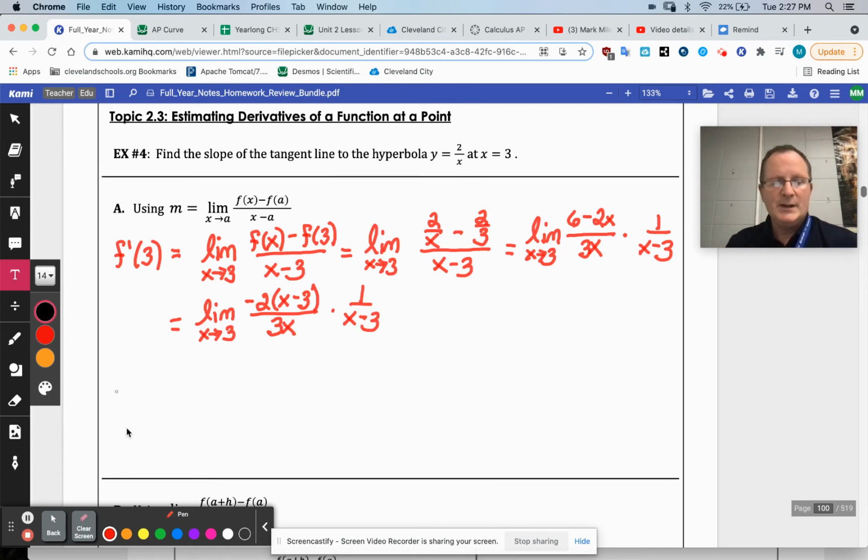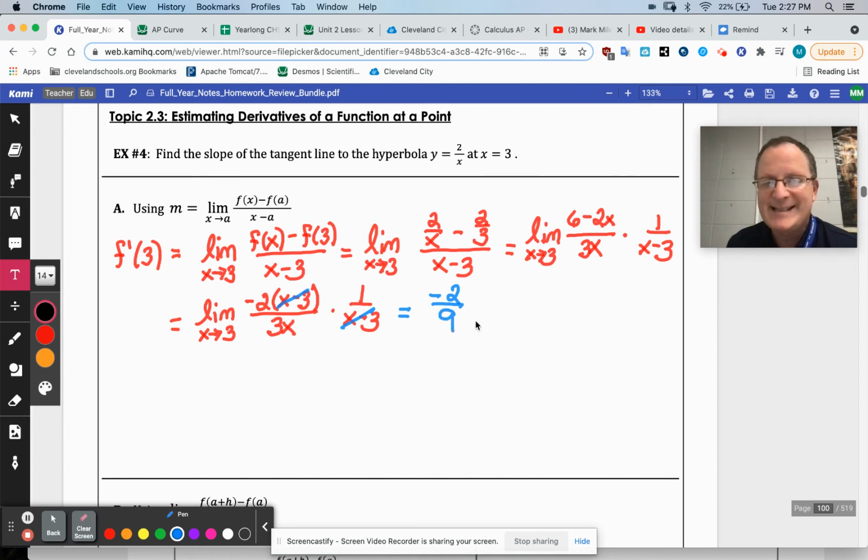Okay. So if I go that route, now the x minus 3's cancel. And that gets rid of our 0 over 0. So now I can do a substitution. My numerator will be negative 2. And in my denominator, I'll have to substitute the 3 in. 3 times 3 is 9.